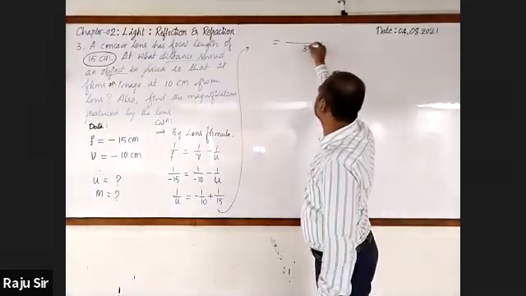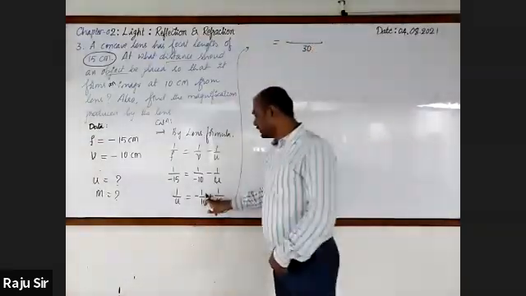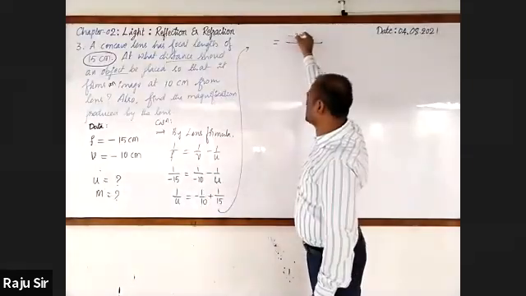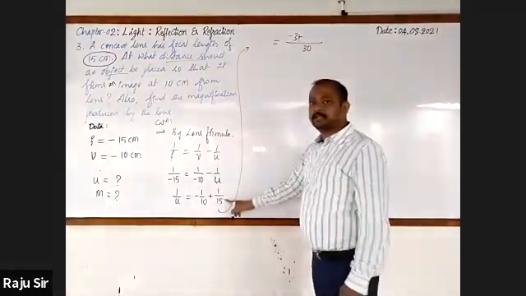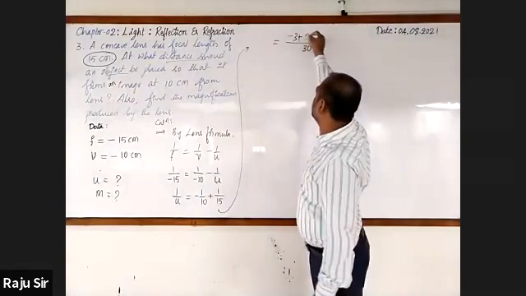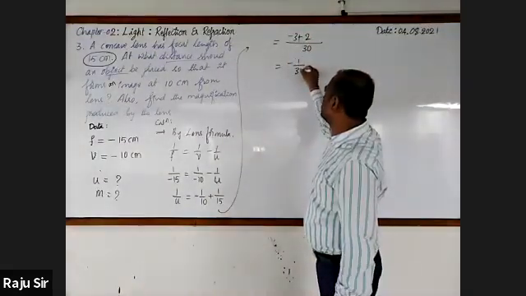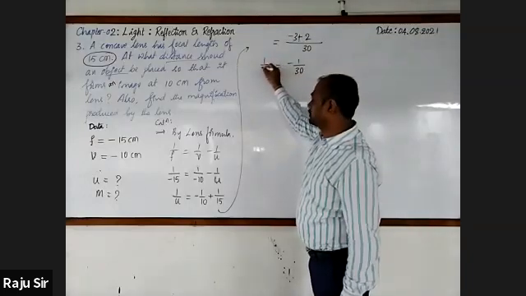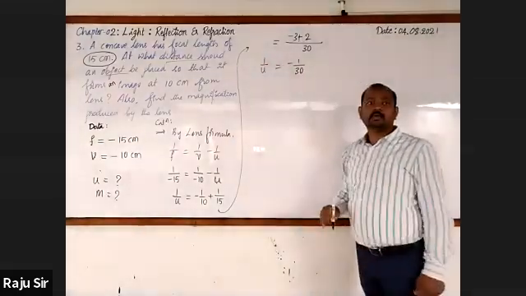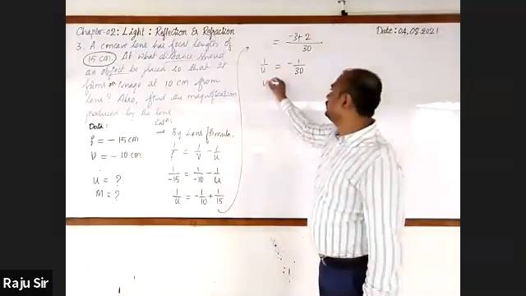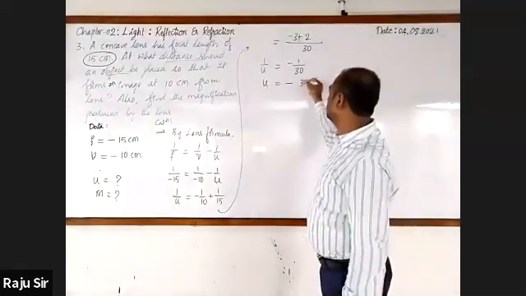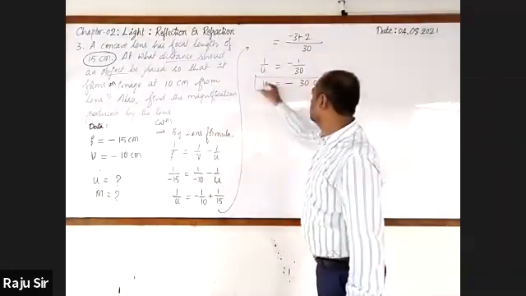Multiply 30 with the first term: 1s are 3s, minus 3. Then multiply 30 with the second term: 2s are 2. So minus 3 plus 2 is minus 1, by 30. So 1 by U equals minus 1 by 30. U equals negative 30 centimeter.